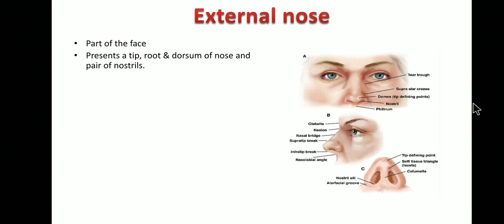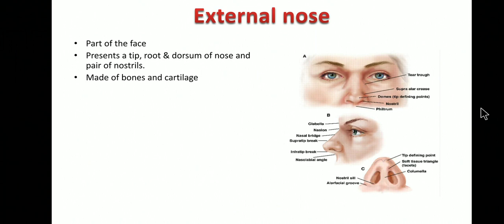This lateral widened part is called the ala of the nose, and you have the external nostrils. The external nostrils are bounded medially by the mobile part of the septum, and laterally by the ala of the nose. Our external nose is also mainly formed by bones and cartilages.